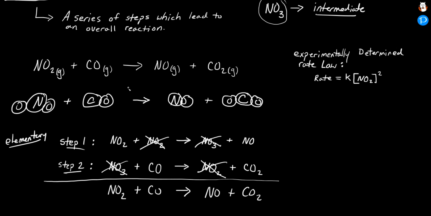The overall reaction is these two things reacting to make these two things. But in that process, we actually made some other things. We made NO3 first, and it was the NO3 that reacted with the CO to make that CO2 and NO. So these two elementary steps are what are actually happening in this overall balanced equation.